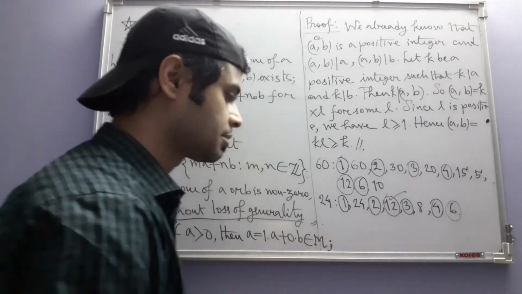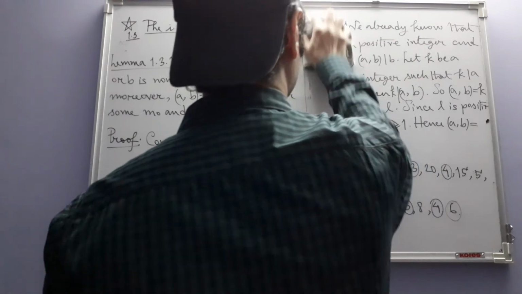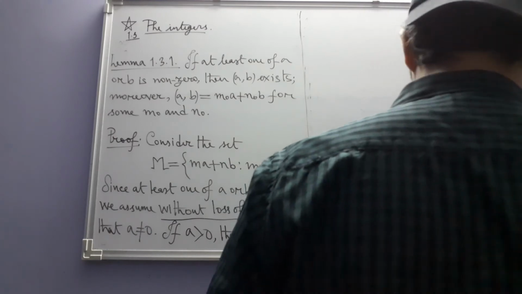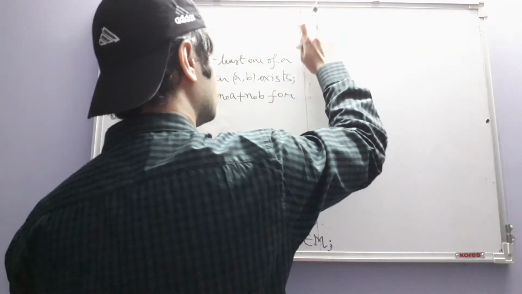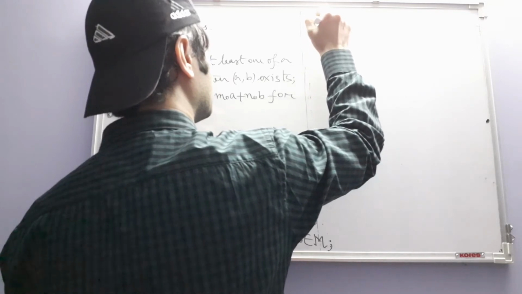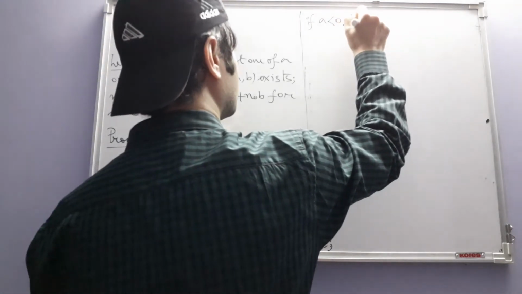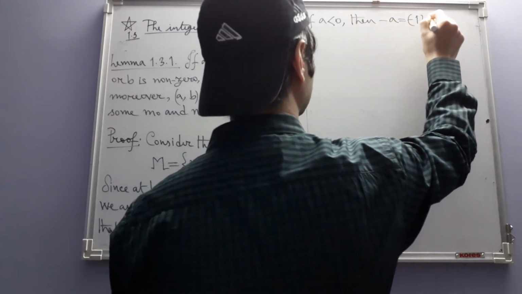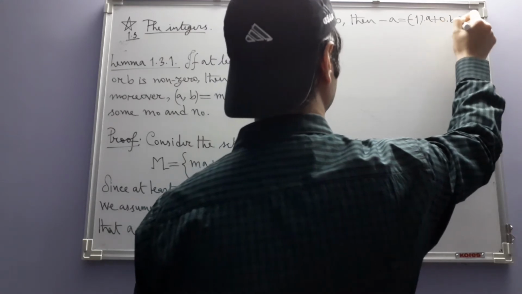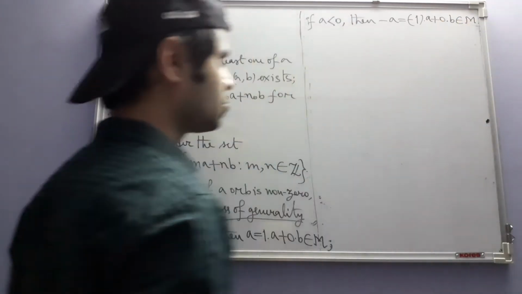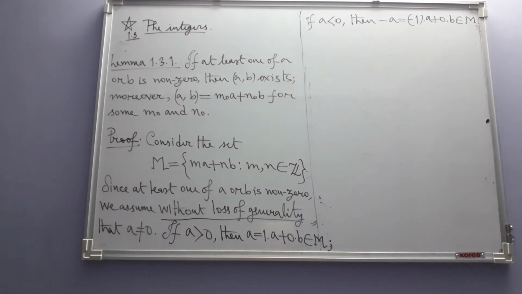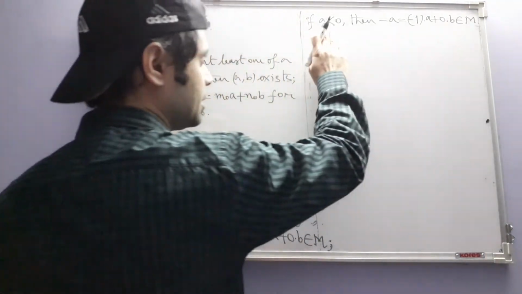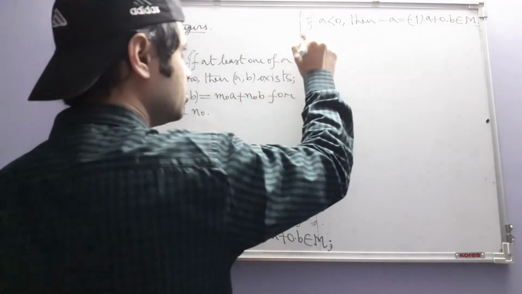But there is one more case, and that case is when A is negative. If A is negative, then minus A, which can be written as minus 1 times A plus 0 times B, also belongs to M, because M contains all such integers which can be written as integer combinations of A and B. So minus A belongs to M. Now since A is negative, minus A is positive.